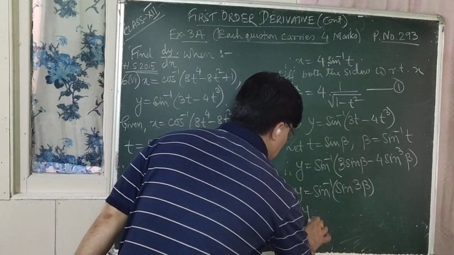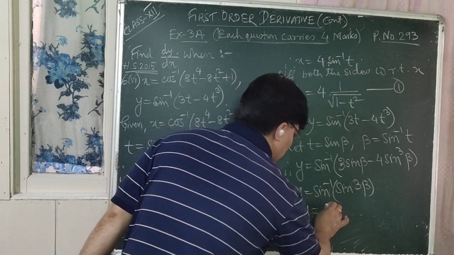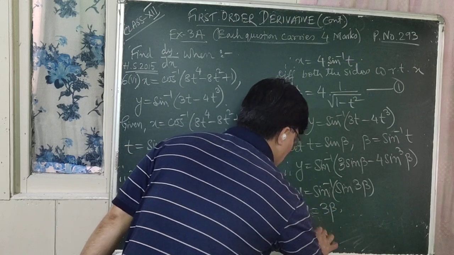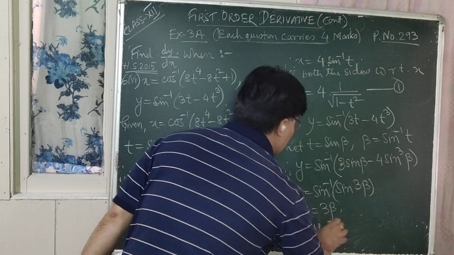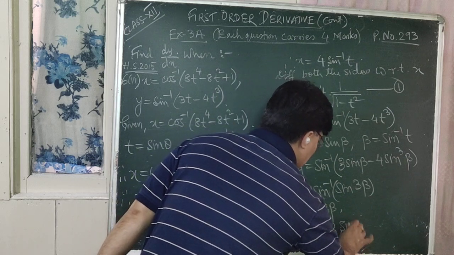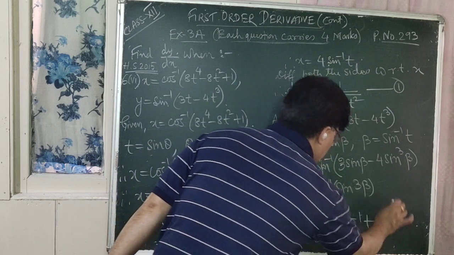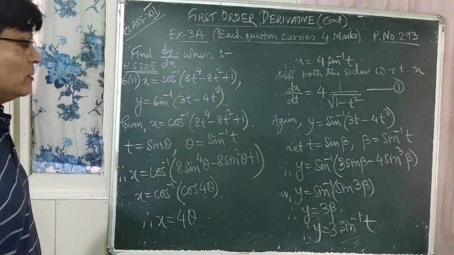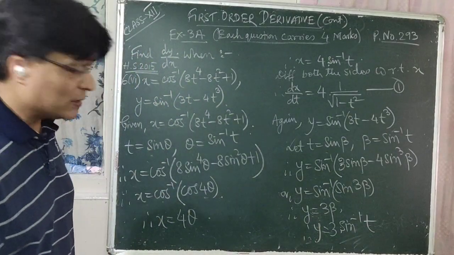So therefore, what is y now? y is equal to sine inverse sine 3 beta, which is equal to 3 beta. Therefore, y is equal to 3 into, what is beta in this case? It is sine inverse t. So now you can easily differentiate that one, isn't it?